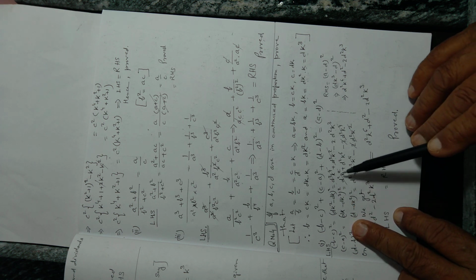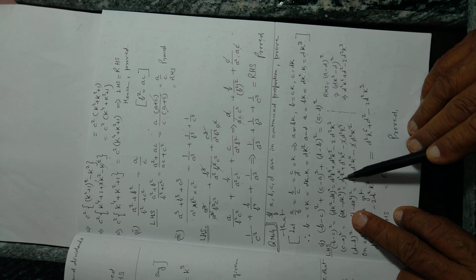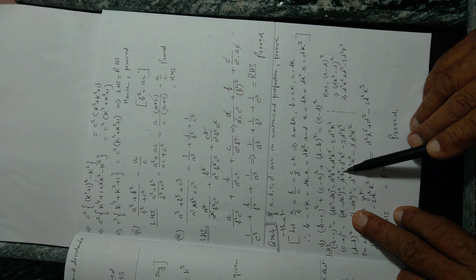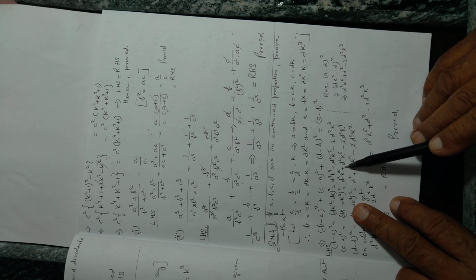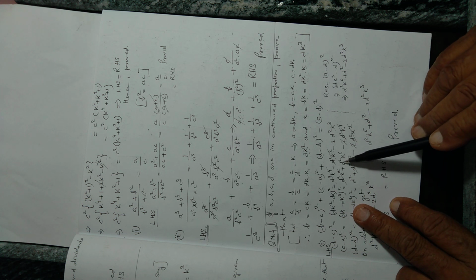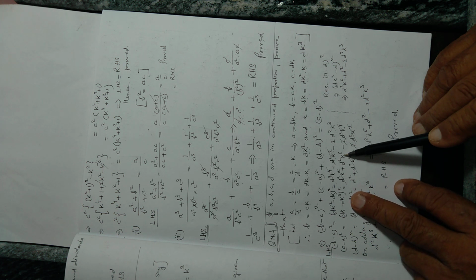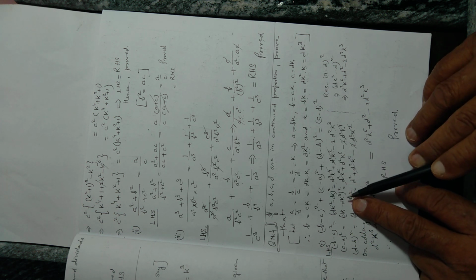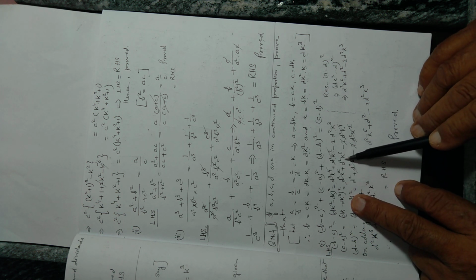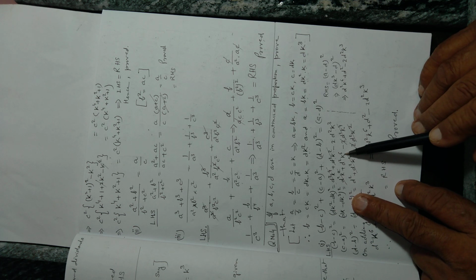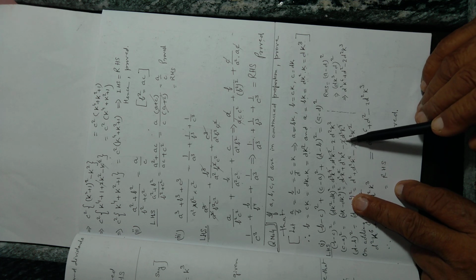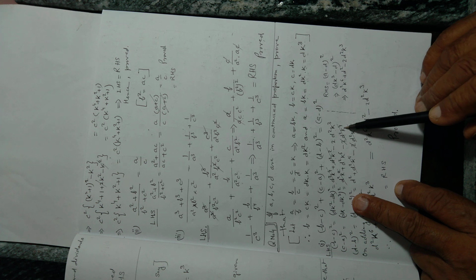So now open this bracket, you will get d square k square plus d square k raised to power 6, because dk cube, once you square it, it will become d square k raised to power 6, minus 2d square k raised to power 4.